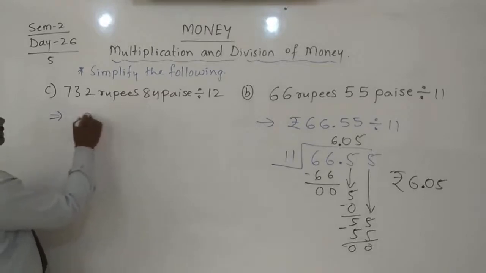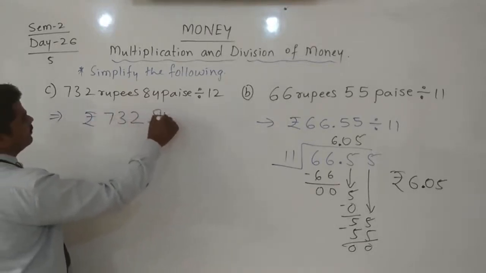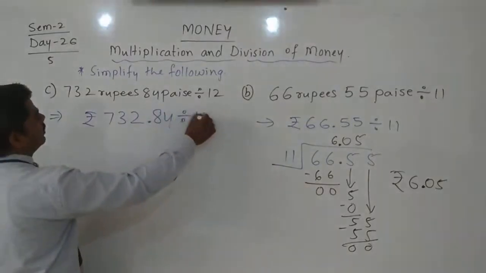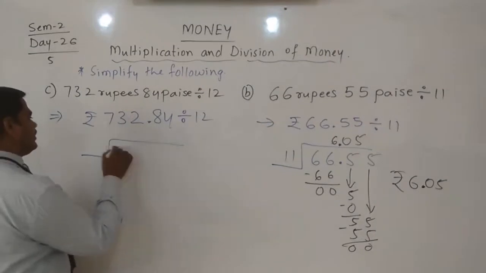Rupees 732.84 dividing by 12. Yes. Then divide it.